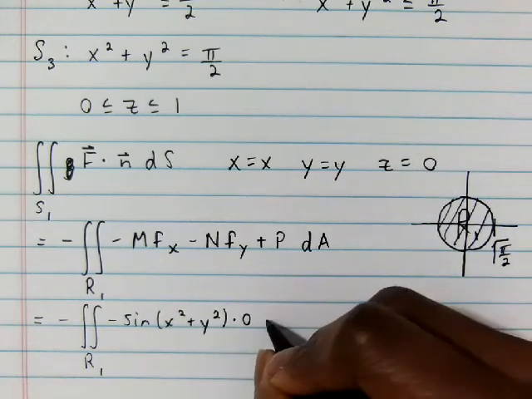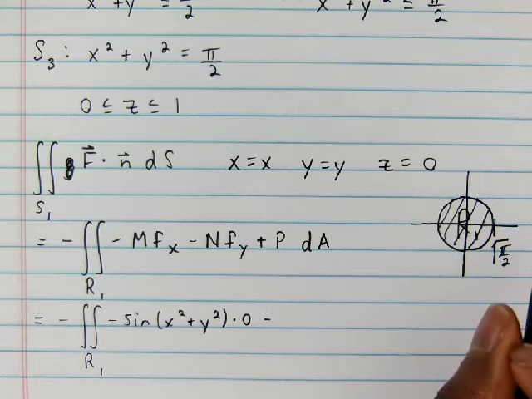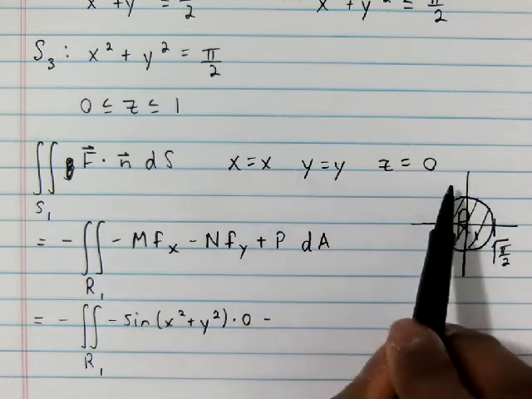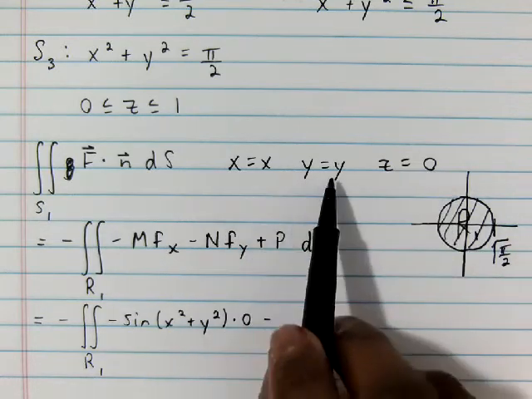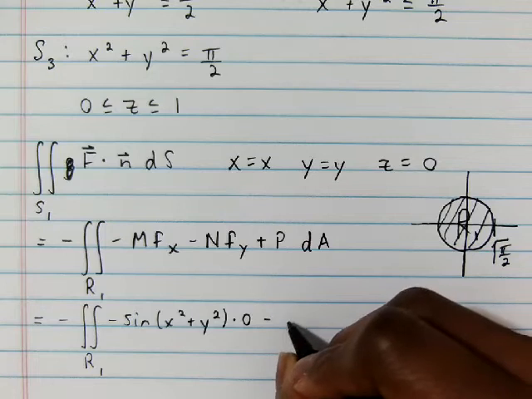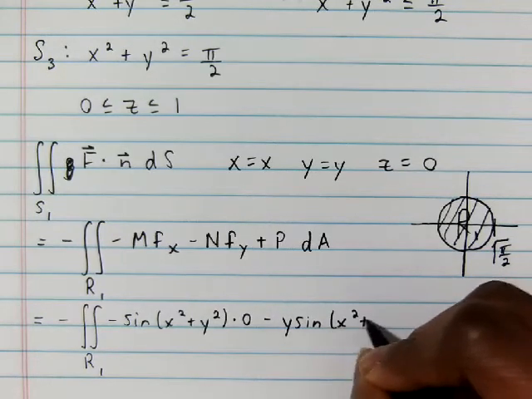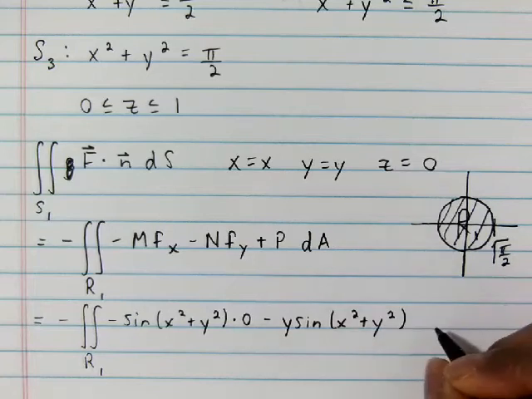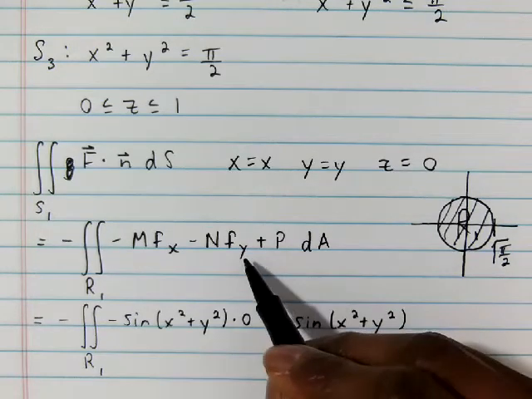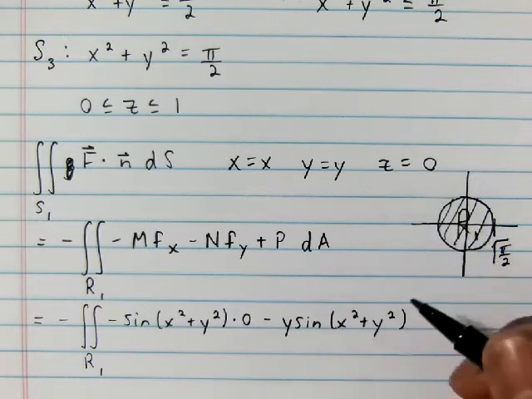And then minus n. Our n, from our vector field, was y times sine of x squared plus y squared. We plug in our parameterization, but x is x and y is y, and there are no z's in there, so nothing changes. So that's minus y times sine of x squared plus y squared, times the partial of f with respect to y, which is just 0.